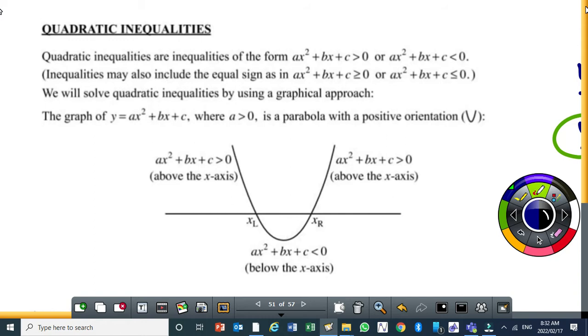Do you agree with me that if you are given this equation, y equals ax squared plus bx plus c, okay? I hope you are aware that if we put 0 where there is y, it means y is 0, right?